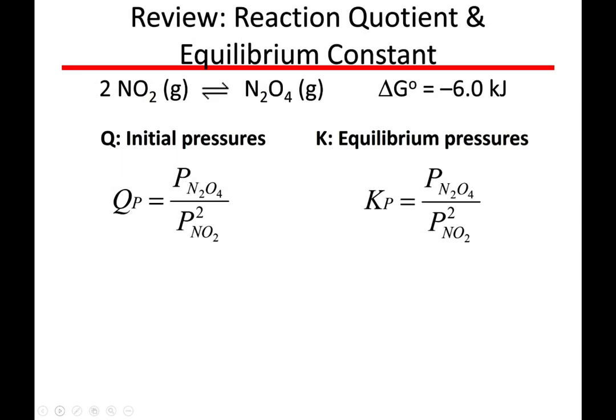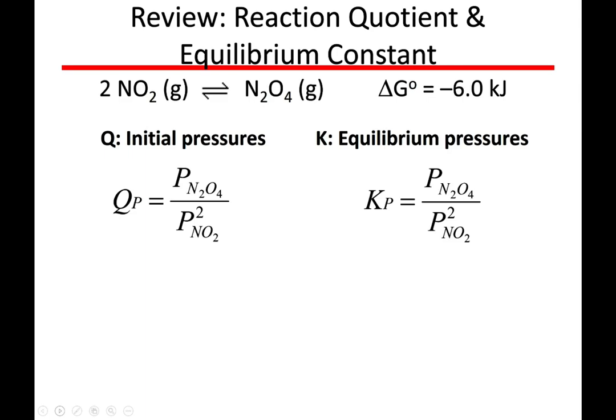Now, the reaction quotient takes a functional form that is very similar to the equilibrium constant expression, right? So if we were to write the reaction quotient expression for this reaction in terms of pressure, we would say that it was the pressure of N2O4 over the pressure of NO2 squared. Products over reactants raised to their stoichiometric coefficients.